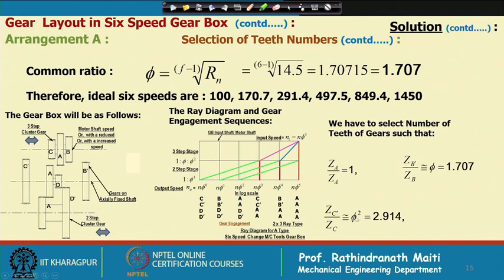Next one with phi square, that Z C dash by Z C pair is 2.914, and finally, we should have Z D dash by Z D, phi cube, equal to 4.7975. Again, as you see, only in the first case I have given an equal to sign, here approximately, that means it is preferred that it should be equal so that we get exact GP ratio, otherwise it will be very close to that.